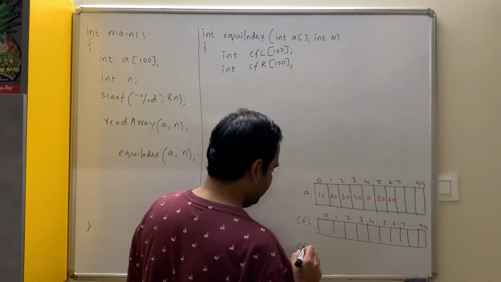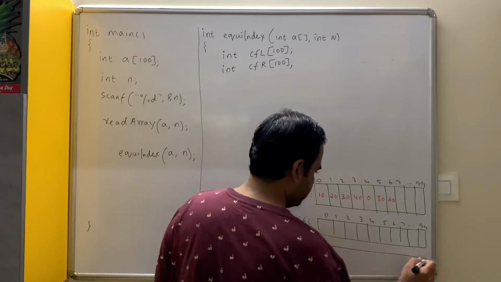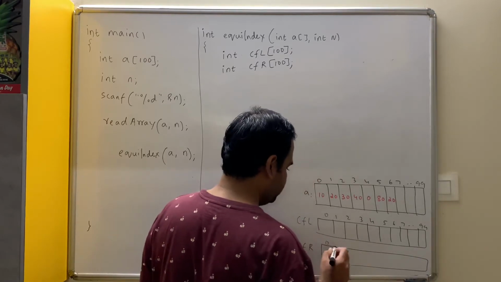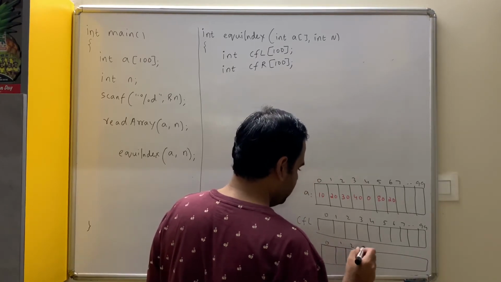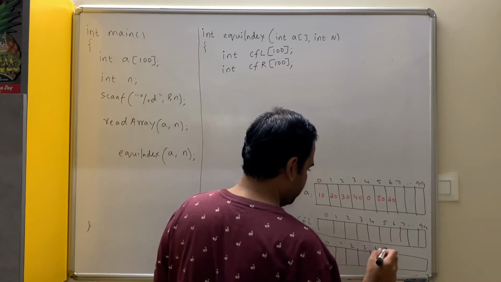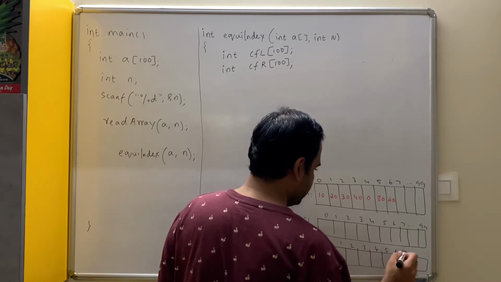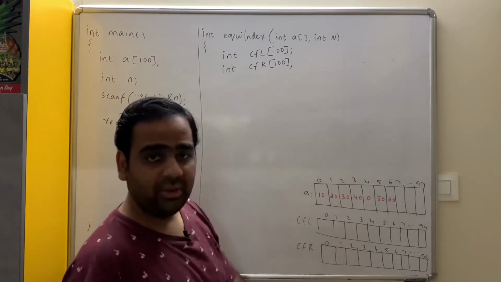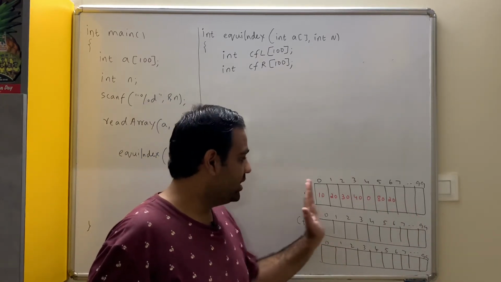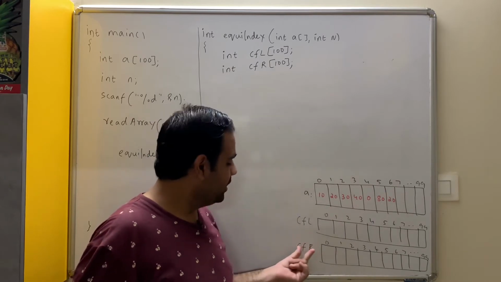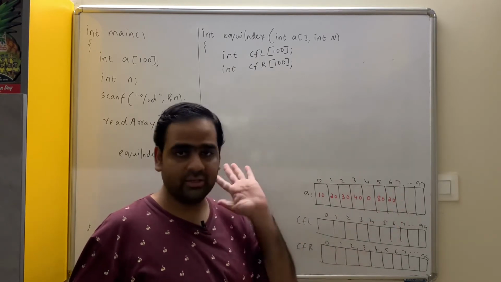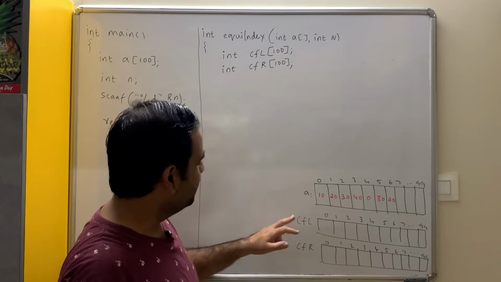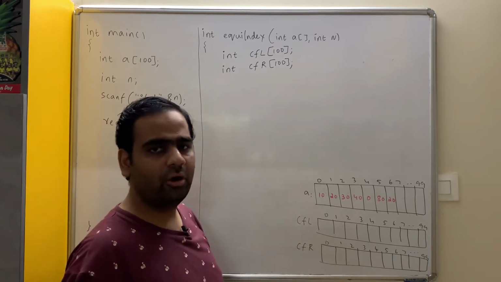And this is the cumulative frequency of RHS, indices 0, 1, 2, 3, 4, 5, 6, 7 and so on up to 99. Cumulative frequency of LHS means from the LHS we are finding the cumulative frequency. Cumulative frequency of RHS means from the RHS we are finding the cumulative frequency. Let us first find the cumulative frequency from the LHS.